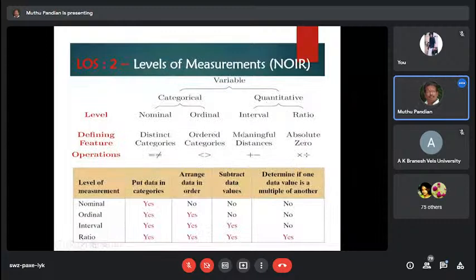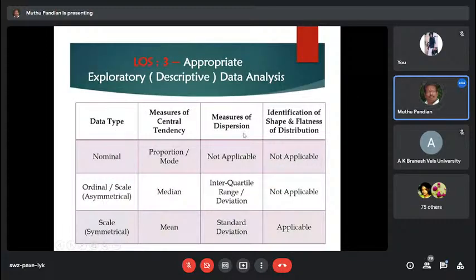Okay, fine. The next part is what type of appropriate exploratory or descriptive data analysis we use based on the data measurement.